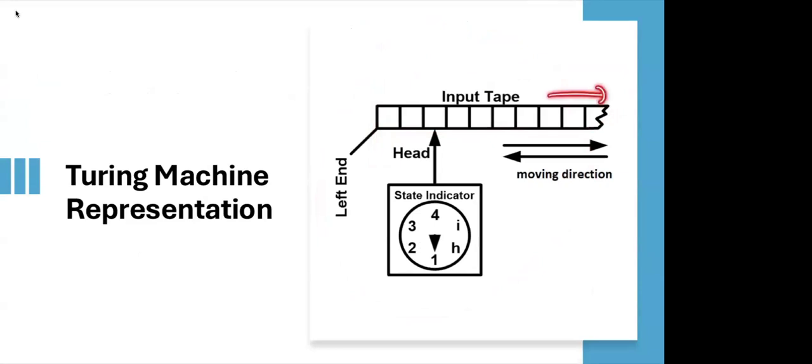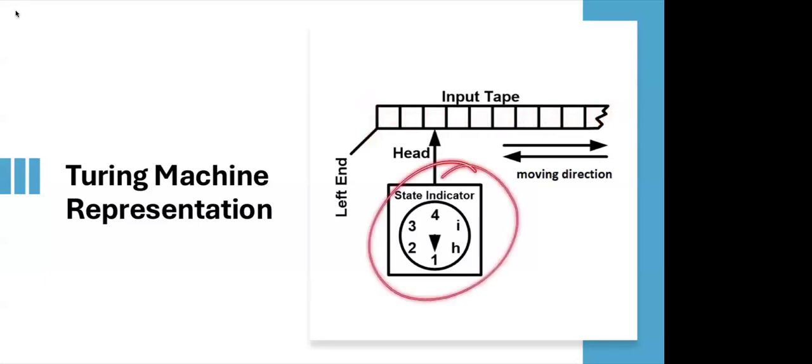But for the right end, we can always go to the right, an infinite move. So let's say the input tape is x, y, x, for example, this is the input string. Then we assume that the rest of it is delta until infinity. Okay, but on the left hand, we don't have anything.